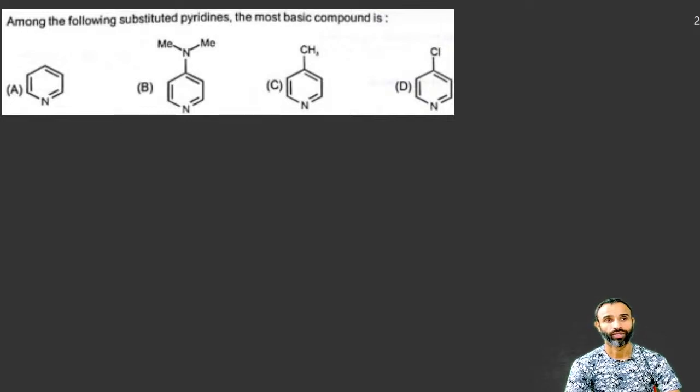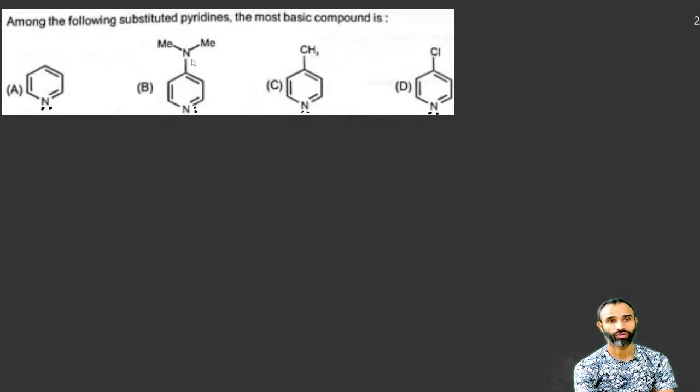Among the following substituted pyridines, the most basic compound is? I think it is the most simple question. Reason being, all are pyridines. So as all are pyridines, they will readily donate lone pairs.